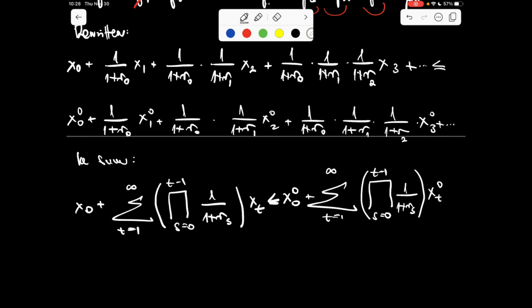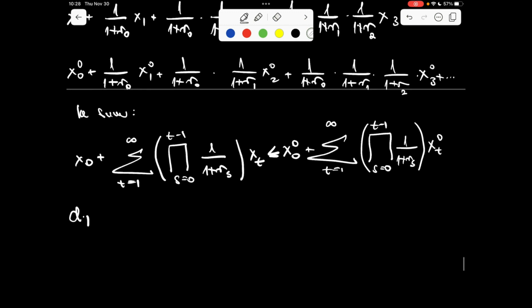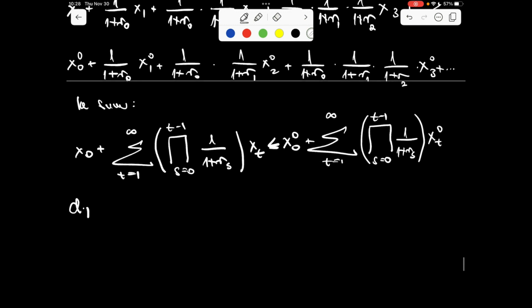Okay, so on this basis, we can turn to part D of the problem, in which we should express formally the price system.